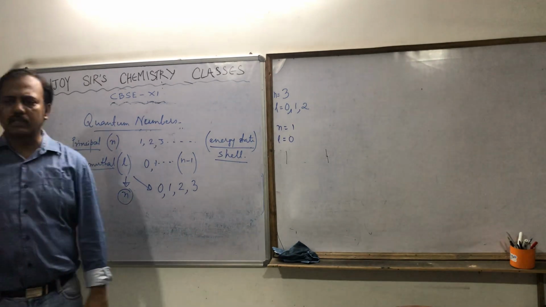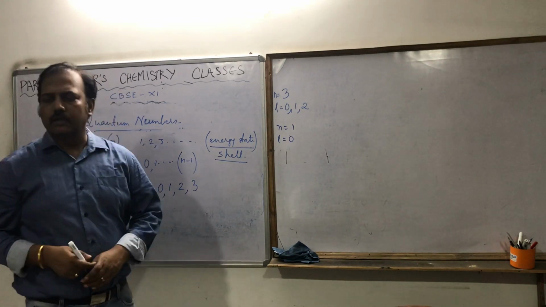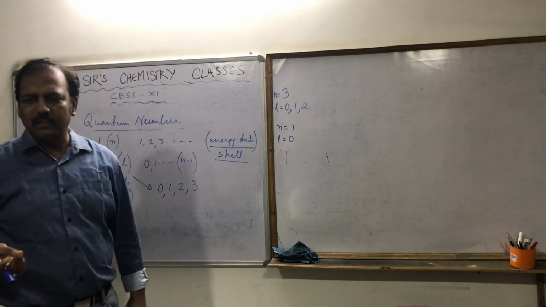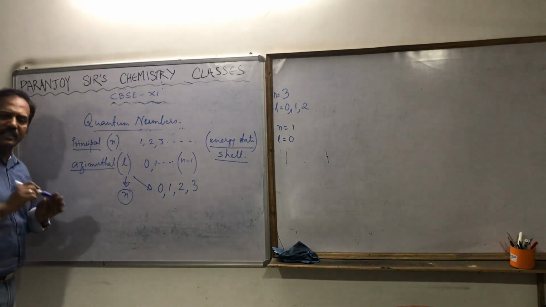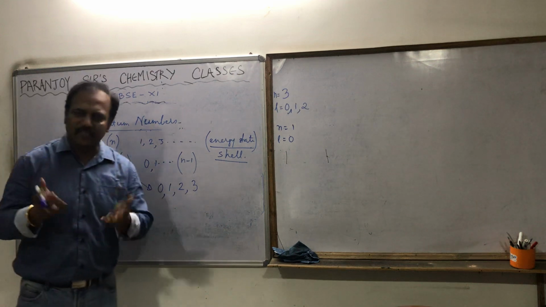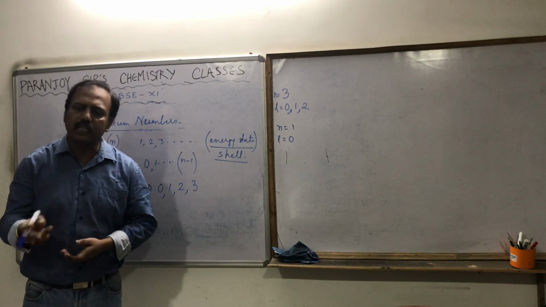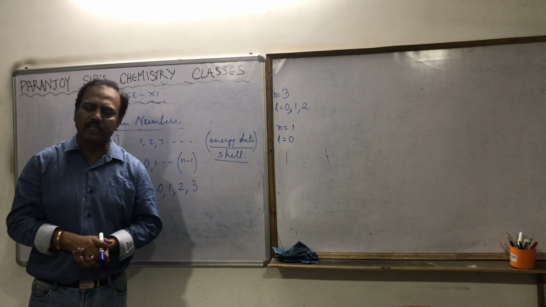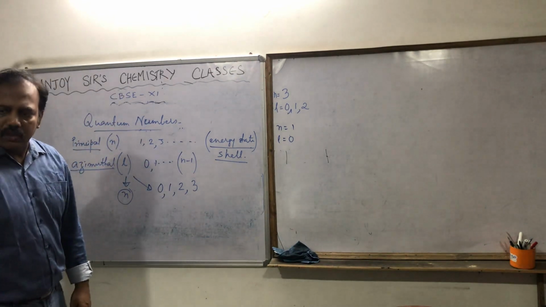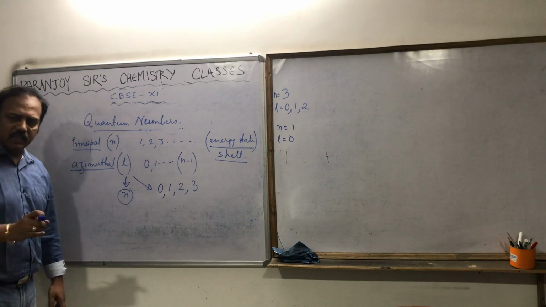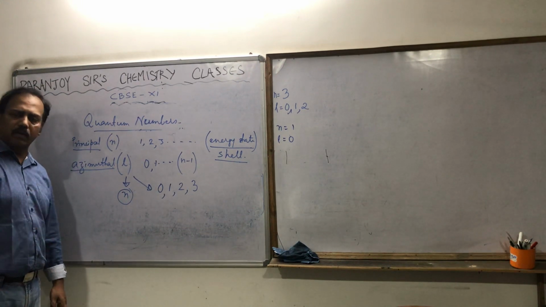Now, what is the significance of L? The significance of L is that it tells us about the space surrounding the nucleus, where the probability of finding the electron is maximum, which we call an orbit. It just gives us the idea about the orbit.